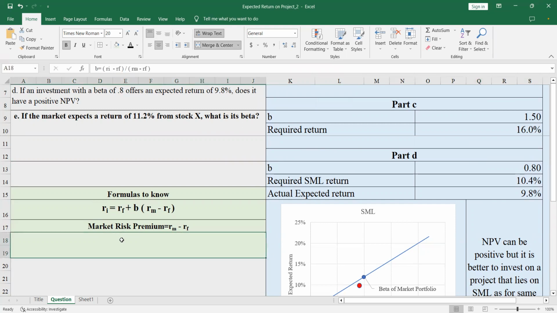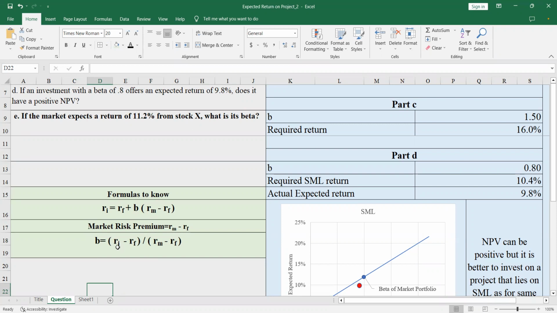So Ri minus Rf is equal to beta times the market risk premium. Then I'm going to divide by the market risk premium on the other side. Ri minus Rf divided by Rm minus Rf is my beta. So beta is the expected return minus the risk-free rate, divided by the market return minus the risk-free rate.